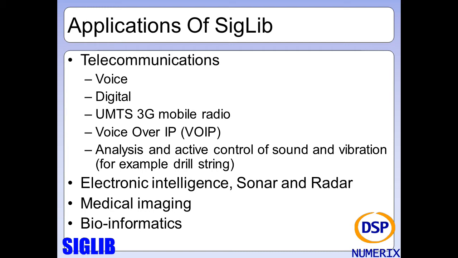In the last 5 years, we've seen a big increase in the use of the library in mobile radio applications and also in voice over IP based applications. These are exciting areas where the library has been used and allows engineers to develop their applications quickly. More recently, we have also seen the library start to be used in medical and bioinformatics application areas.